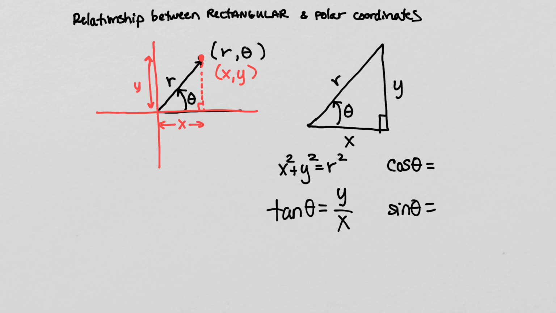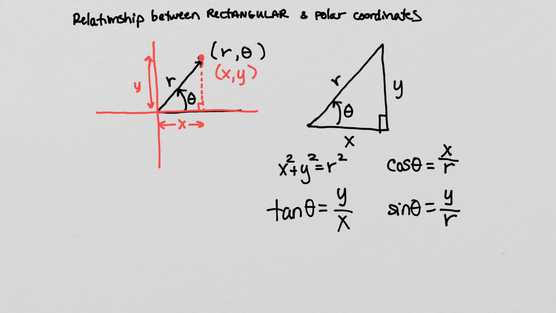SOHCAHTOA. Sine is y over r, opposite over hypotenuse, right? Cosine is adjacent over hypotenuse, right? So from that right triangle, we have all these relationships.